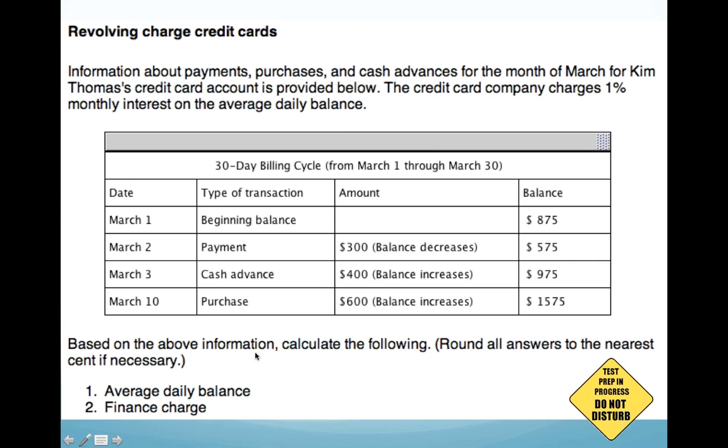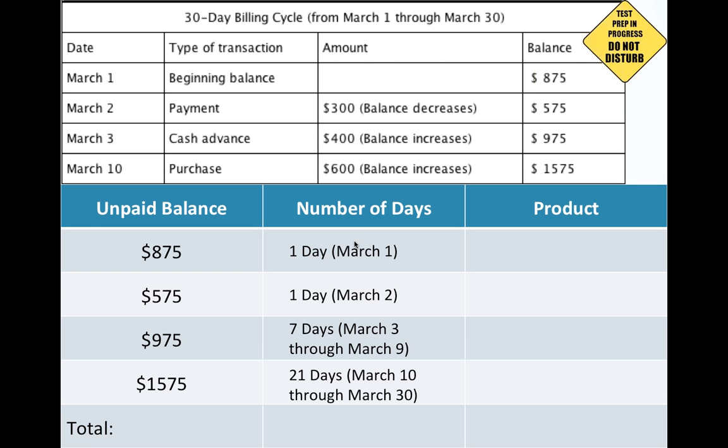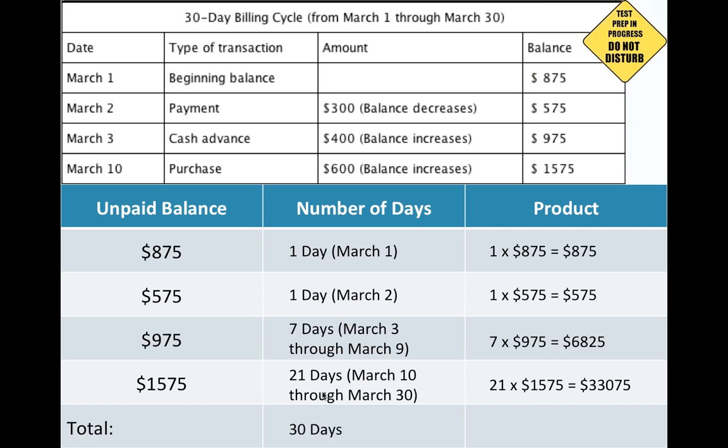Okay, and here's how that kind of breaks out. If we had a 30-day billing cycle and a credit card where we started off with $875, and then we paid off 300, then we went out and spent 400 more, then we spent another 600. We can see our number of days: 1 day, 7 days, and then 21 days at the 1575. We're always going to treat it like it's a 30-day cycle.